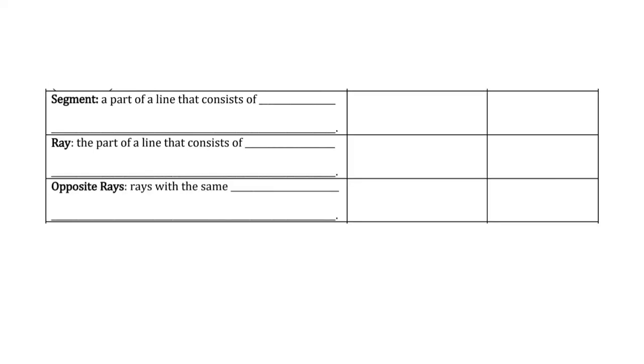This set of descriptions starts with a segment. A segment is part of a line that consists of 2 endpoints and all of the points in between them.